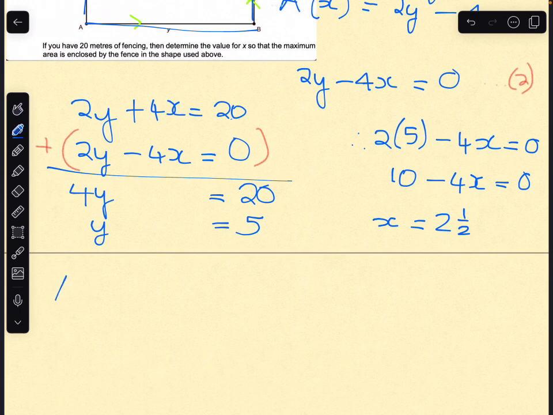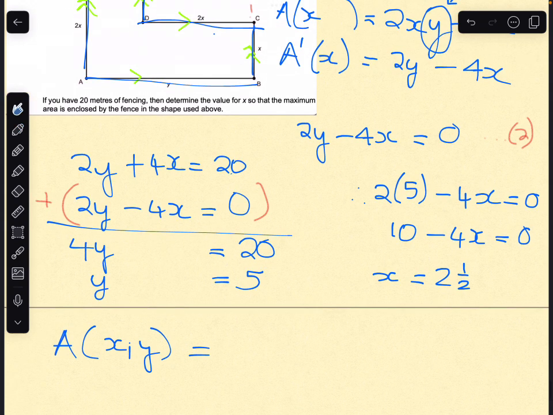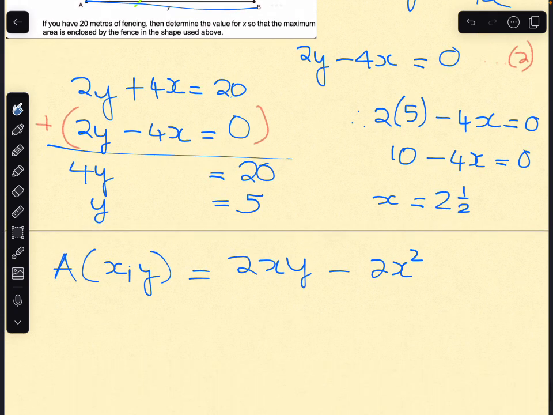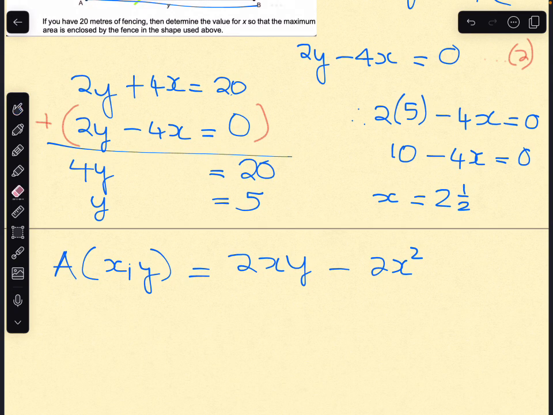So my area expression, we said technically is in terms of x and y, and it is 2xy minus 2x squared. So if I now decided that, you know what, this x is in fact not a variable, it's some constant whose value I don't know, and really the area only varies because of the y.